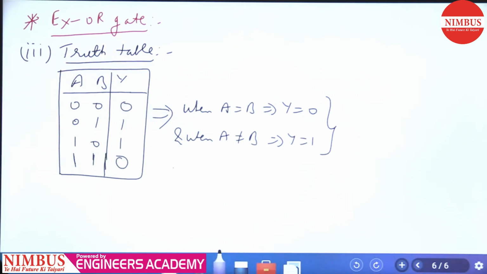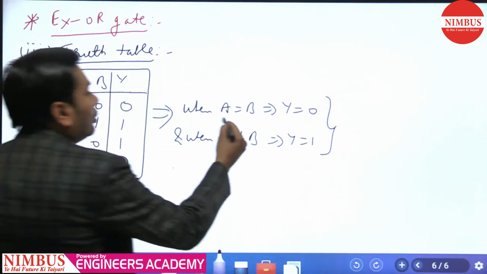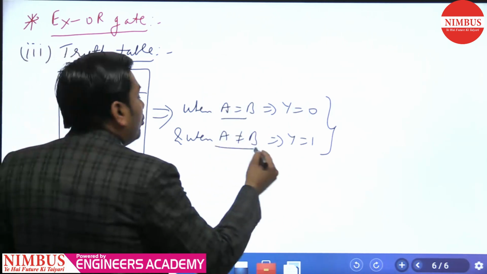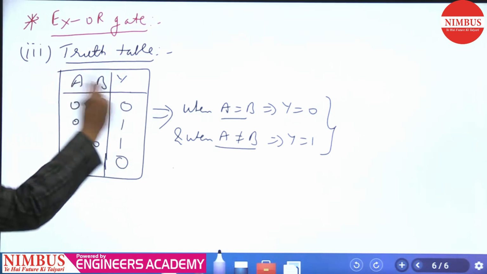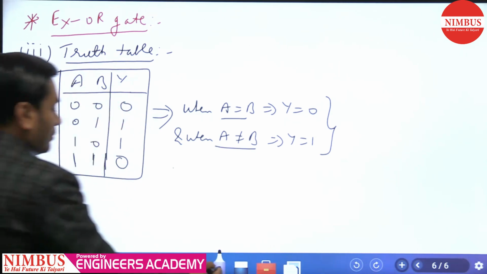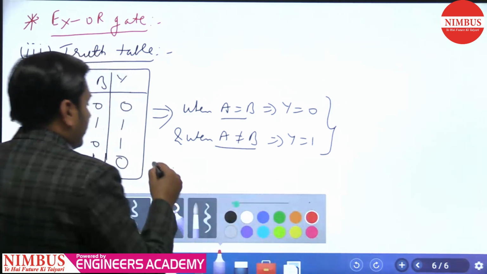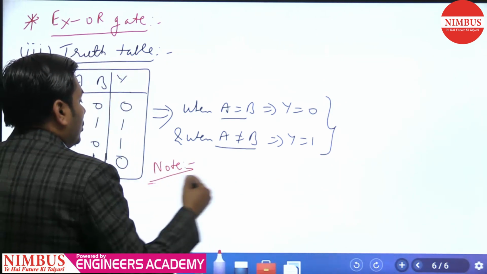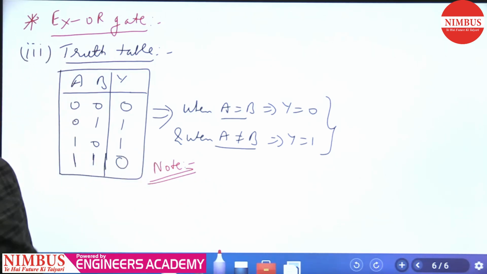So for the XOR, if we are having the same input, the output will be 0. If we are having different, complemented inputs, the output will be at logic 1. Note it down. Then we are having a note regarding this point.